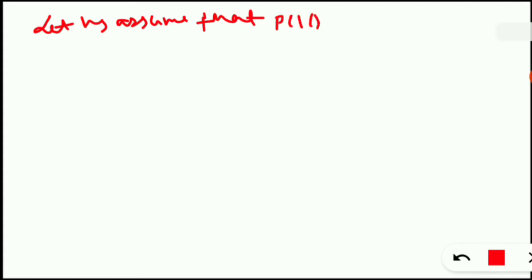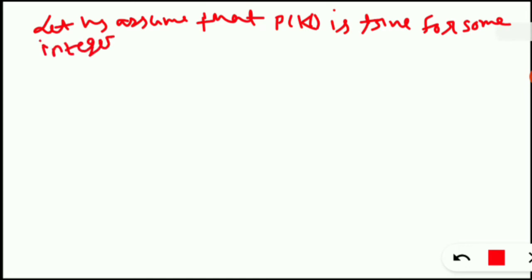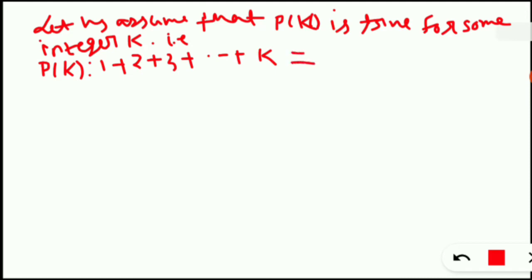Let us assume that P(k) is true for some integer k, that is, P(k) such that 1 plus 2 plus 3 plus dot dot k equals k into k plus 1, whole divided by 2.